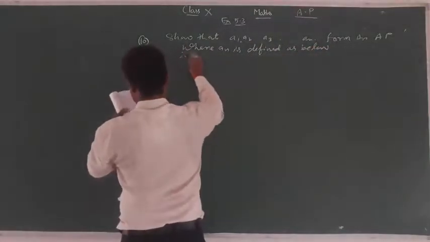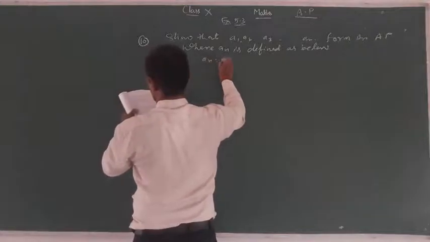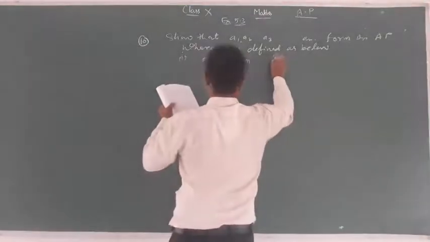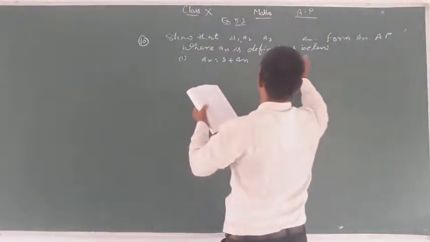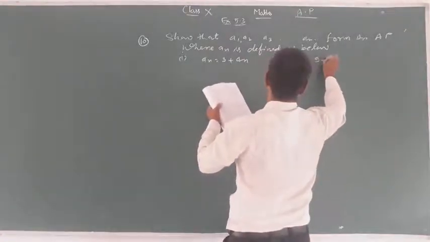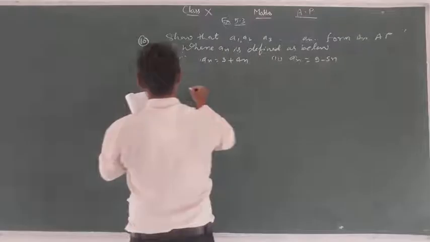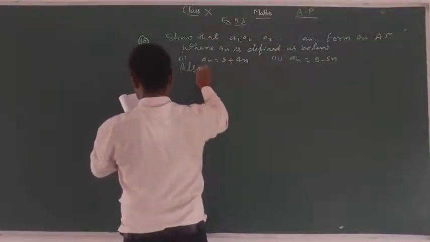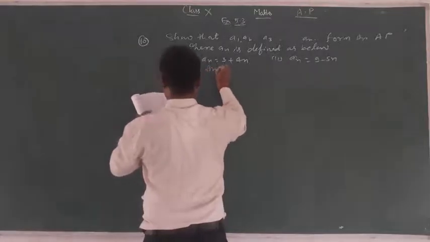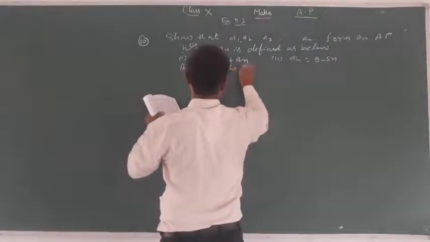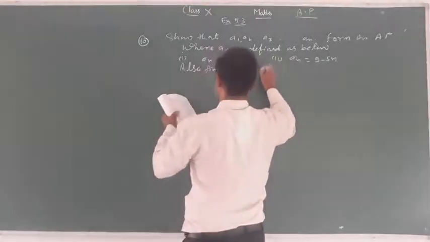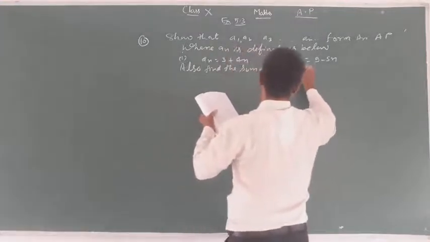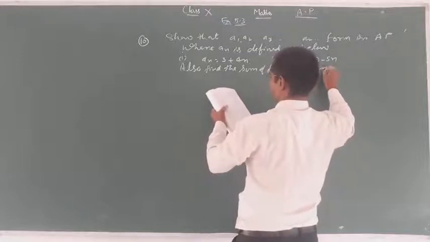First, AN is equal to 3 plus 4n, and second part, AN is equal to 9 minus 5n. Also find the sum of first 15 terms.